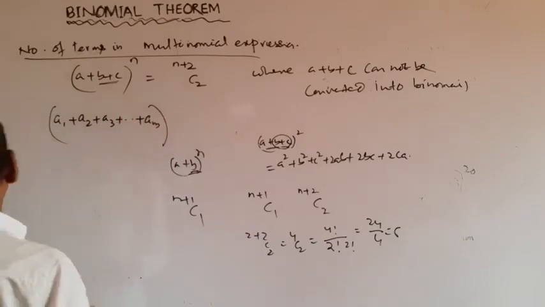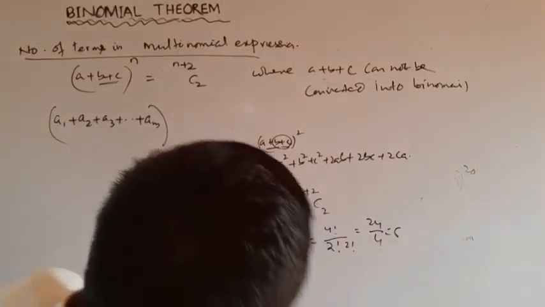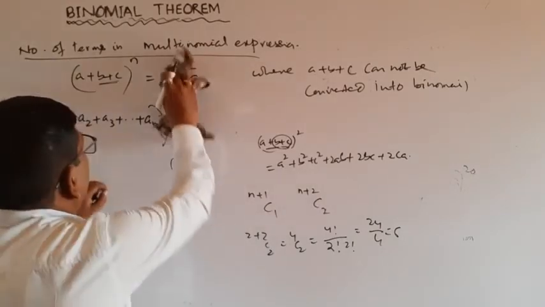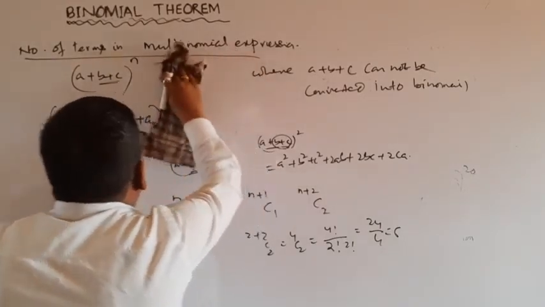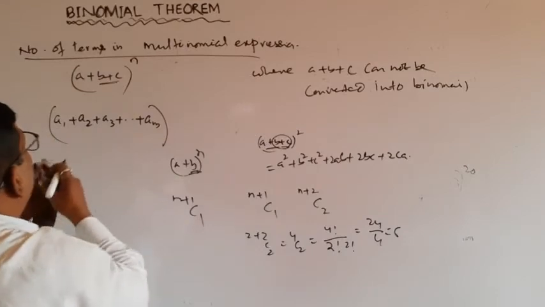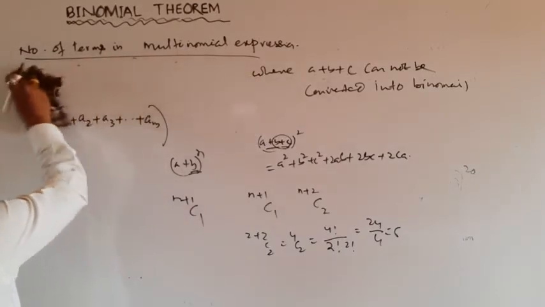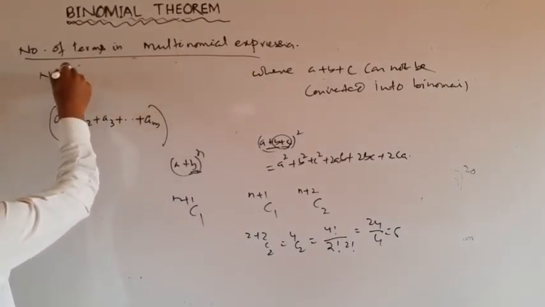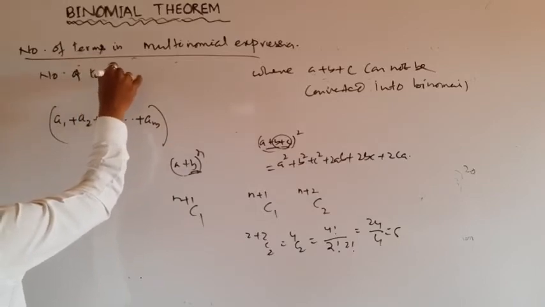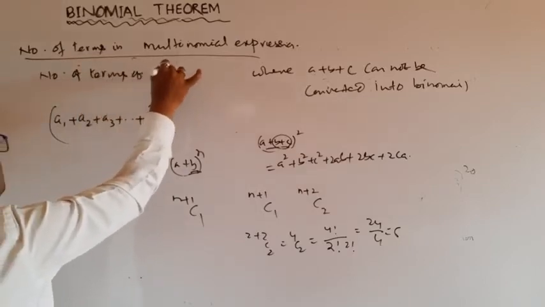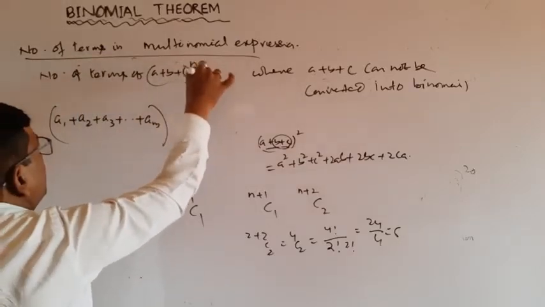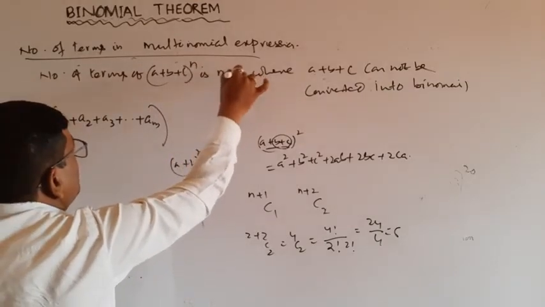The number of terms of a plus b plus c whole to the power n is n plus 2 c2.